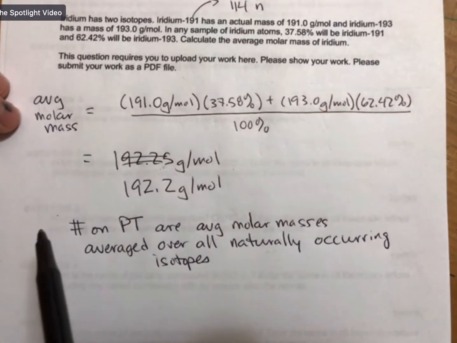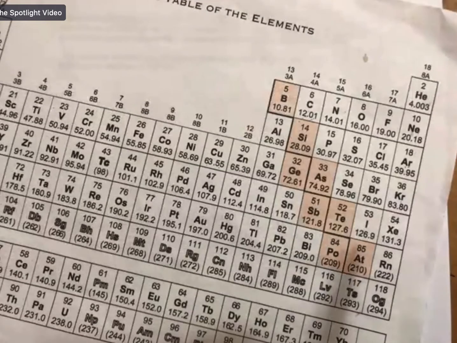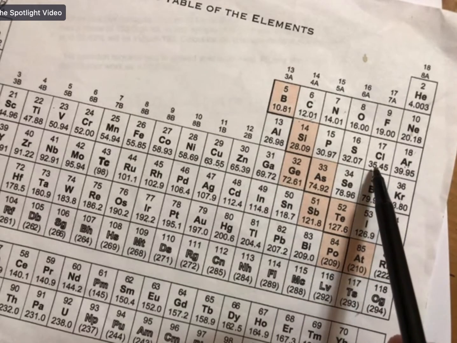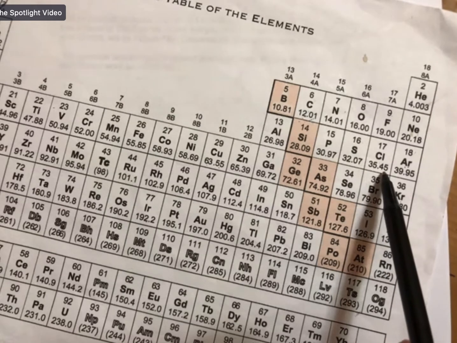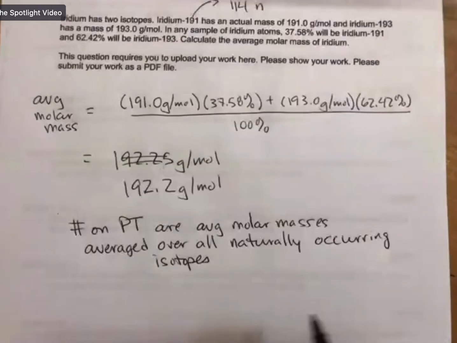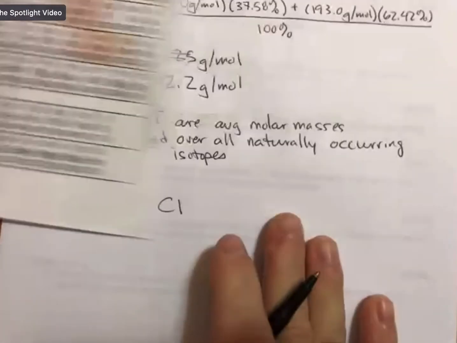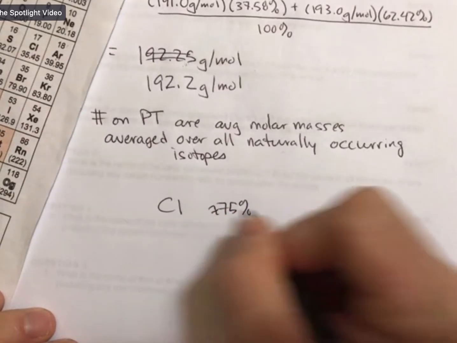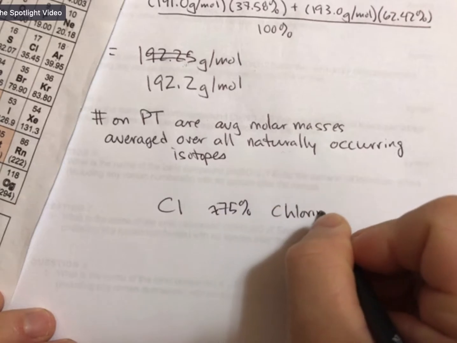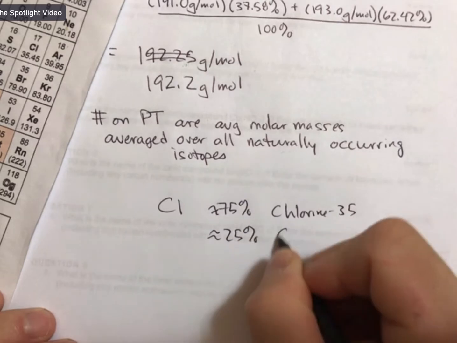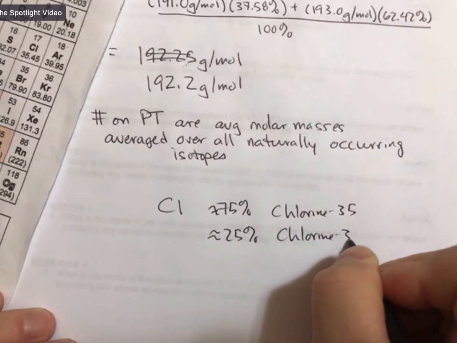And so when you get a, let's look at one in particular here. Chlorine actually is a good one. Chlorine is 35.45 grams per mole, and chlorine is actually made up of about 75% chlorine 35, and approximately 25% chlorine 37.